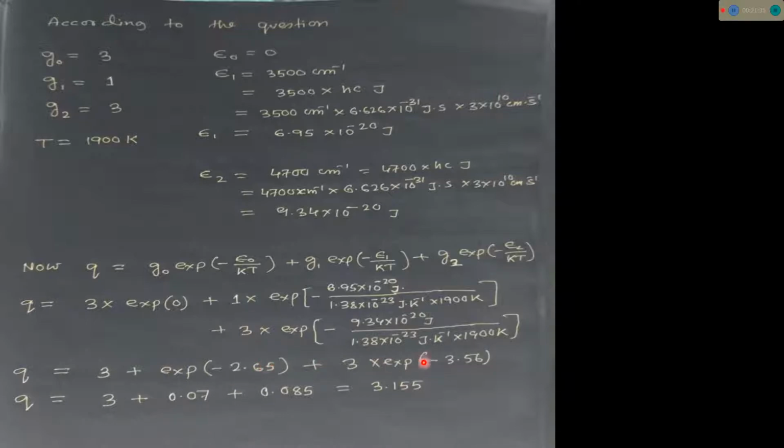If we calculate this term, we will find the first term 3 exponential 0, means 1, and exponential minus 2.6 from the second term, 3 into exponential minus 3.56 for the third term. Now it will become 3 plus 0.07 plus 0.085, it becomes 3.155.